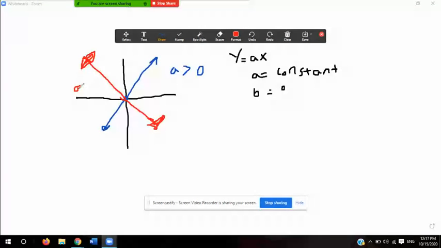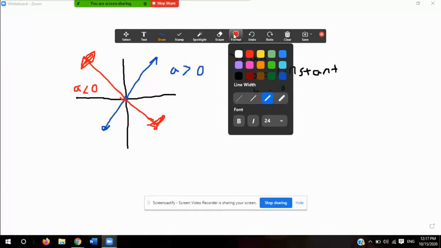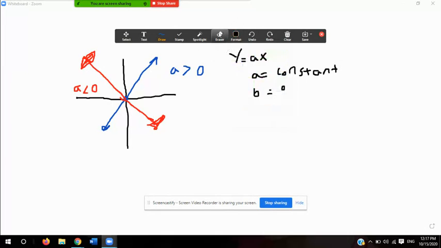And it's important to understand that, especially because of the example that I'm going to discuss with you guys real quick. So just to recap, direct variation, y equals a times x, where a is a constant, and b is 0. Let me fix that because that does not look like a 0. And b is 0.